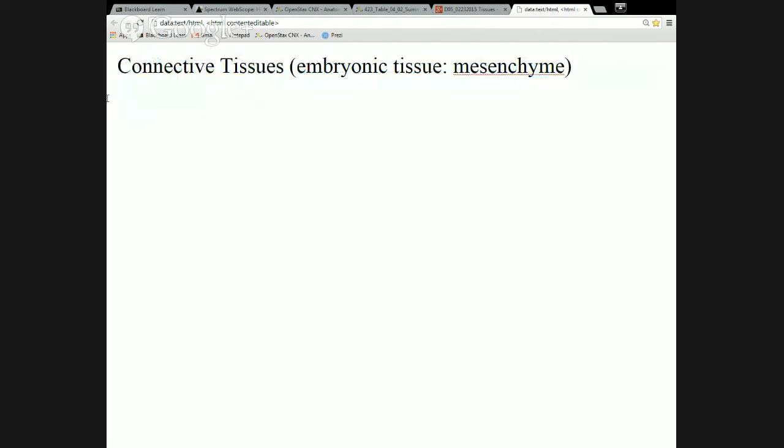I'm gonna make this a little smaller so I can actually fit stuff on here. So earlier I pointed out in the book, it talks about endo, meso, and ectoderm. That's the very simplistic embryonic tissues that give rise to all the various tissues in our body. At some point within the mesoderm, a specialized kind of tissue develops called mesenchyme.